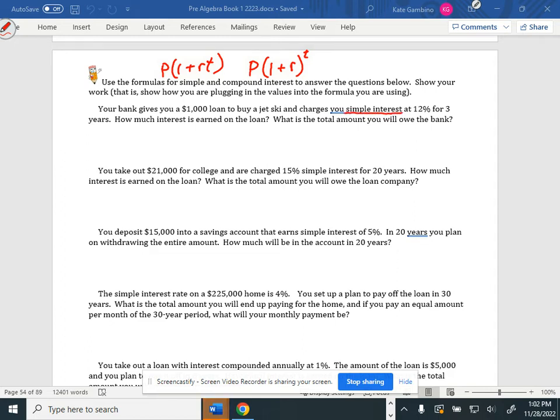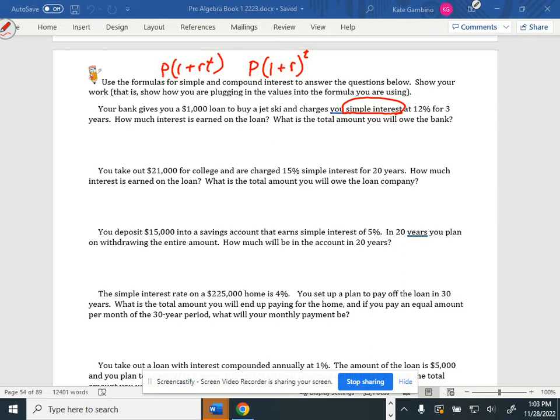I would underline or circle that so you know which formula you're doing. Simple or compound interest at 12% for 3 years. How much interest is earned on the loan? What is the total amount you will owe the bank? So there are two different things that they are asking for.